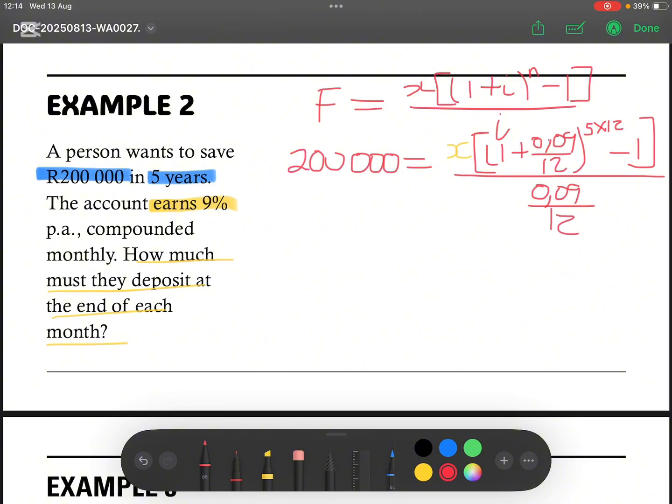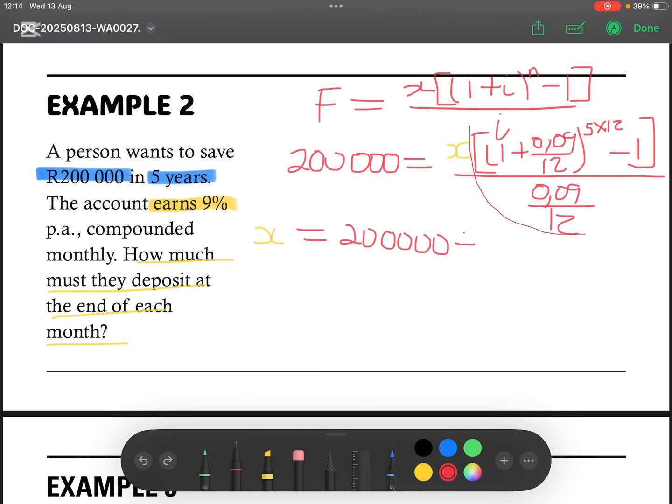So now in this case, we are looking for the value of X. So now we can say X, which is the monthly installment, will be equal to 200,000, and then you divide by everything on the other side, you divide by this. So now in that case, by dividing by that, you will have, okay, let me do this.